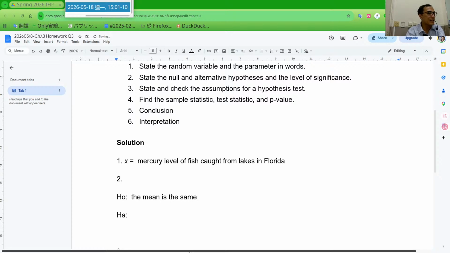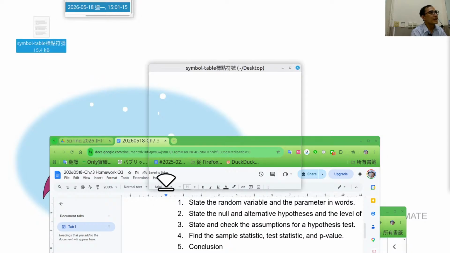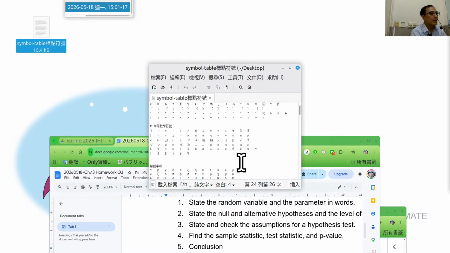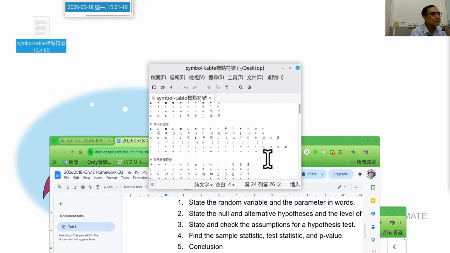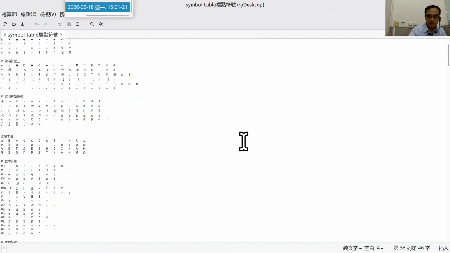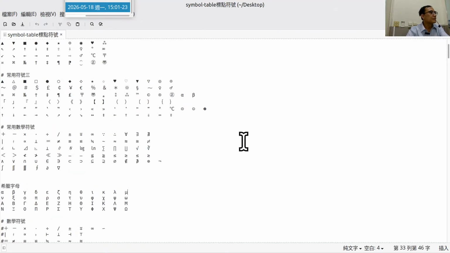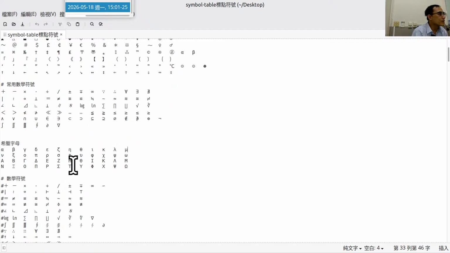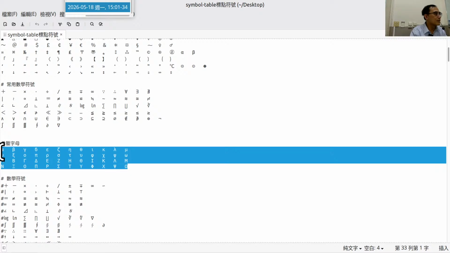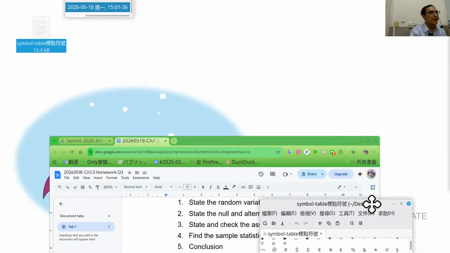But I cannot say this because I need to say mu. One minute, please. Let me have this. I have the mu. Where is the mu? Mu is here. If you need a symbol, I'm going to copy and paste it to our LINE group.